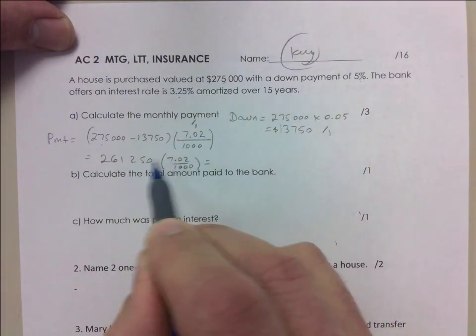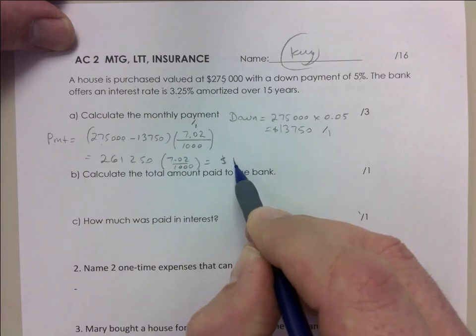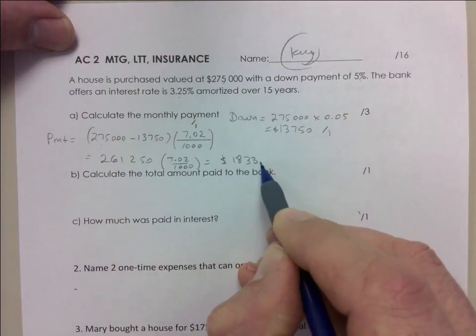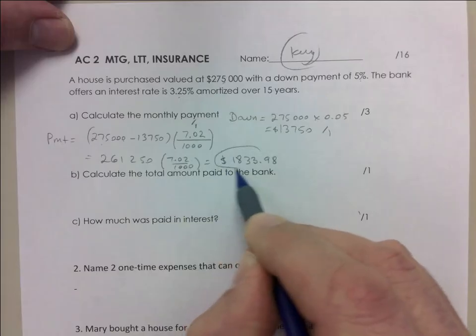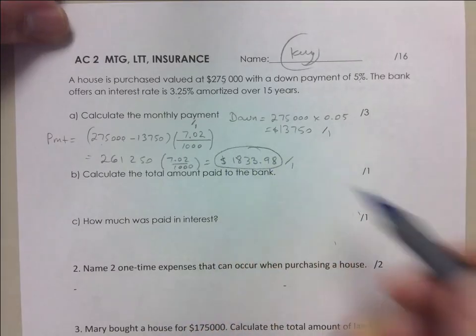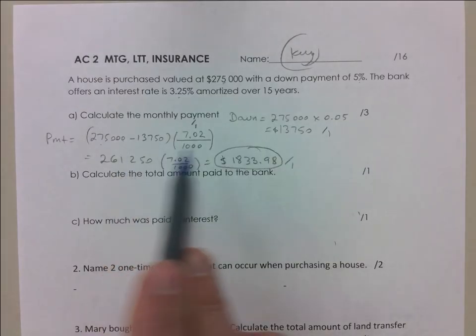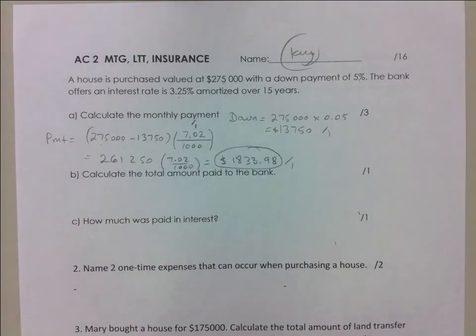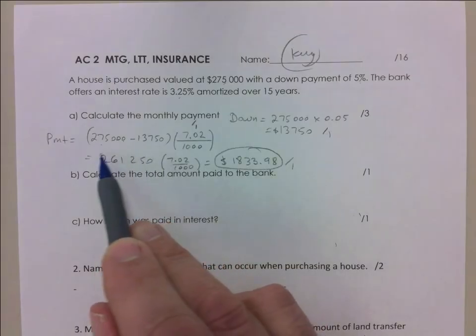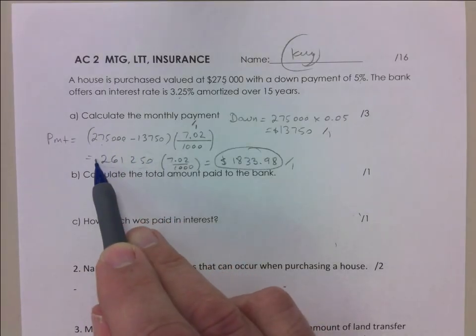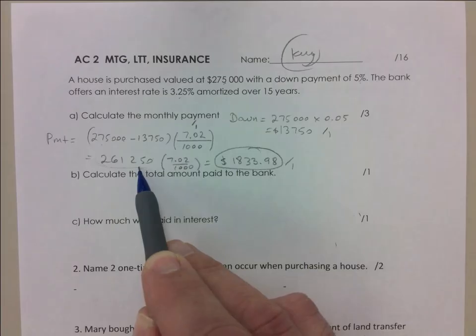You multiply these two, you get $1,833.98. Another mark for your final answer, which means you gotta clean up this initial setup, right? So 3 marks. 261,250 represents the mortgage, how much you've basically borrowed from the bank.